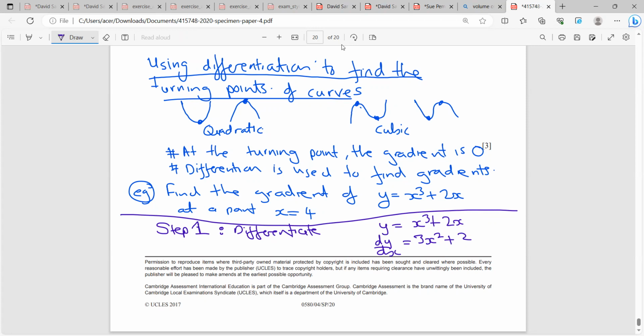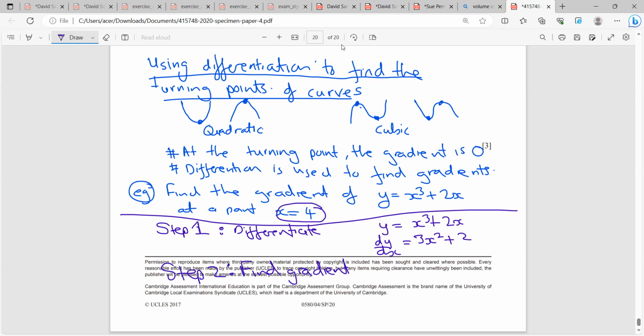And then step 2 will be to actually find the gradient. So you need to substitute the given point into your derivative.